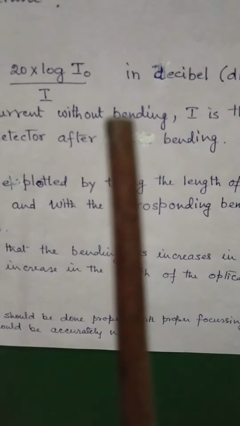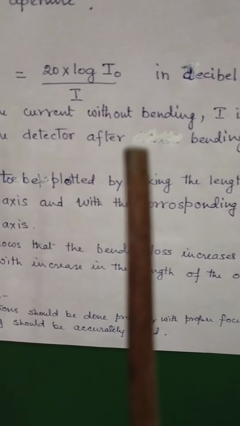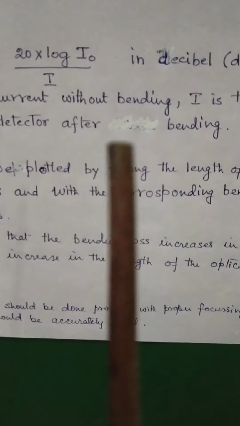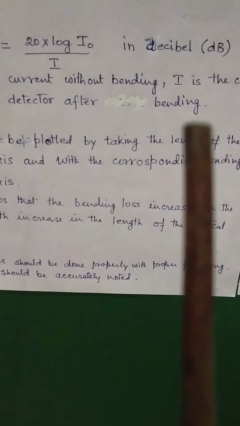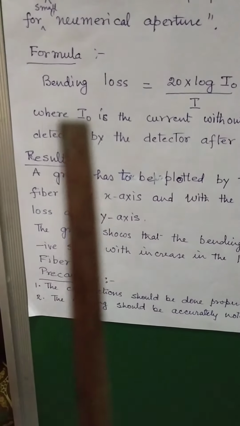So you change the size of the loop, that is the radius of the loop, and determine the value of the bending loss by using this formula.